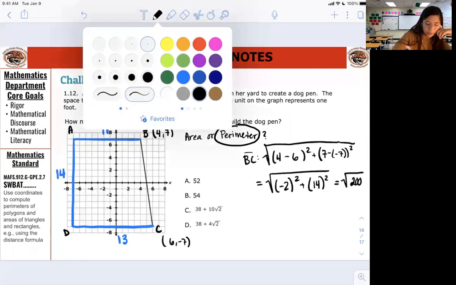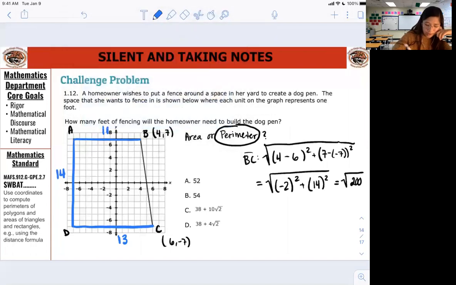Now, can you take the square root of 200 and get a nice number? If you try it on your calculator, do you get an irrational number? Right, it's like 14.14 and so on.